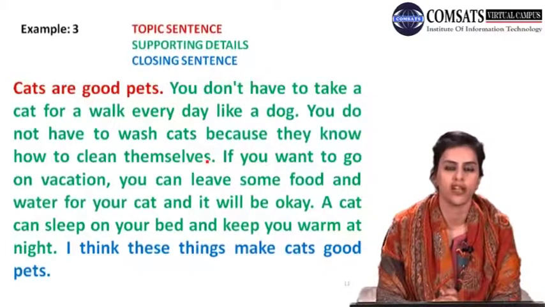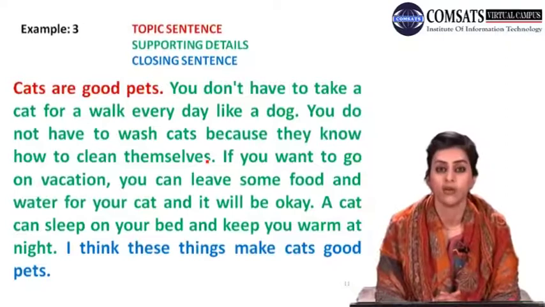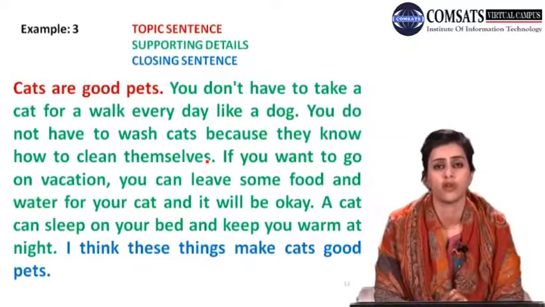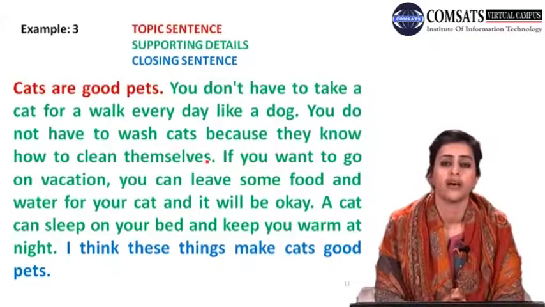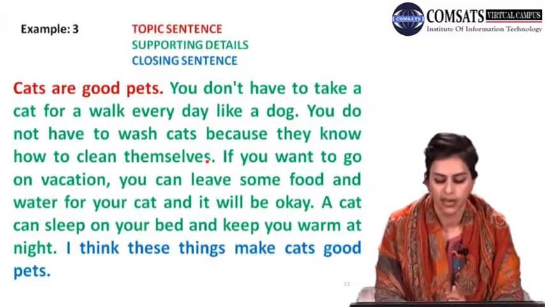So there are some logical reasons why cats are good pets, and there is some comparison of cats with dogs that makes a cat a good pet. So see the topic sentence which announces that cats are good pets. Also see the supporting details, where there was a comparison of cats and dogs, and how you don't have to worry once you are leaving for vacation, or give them a bath or anything like that.